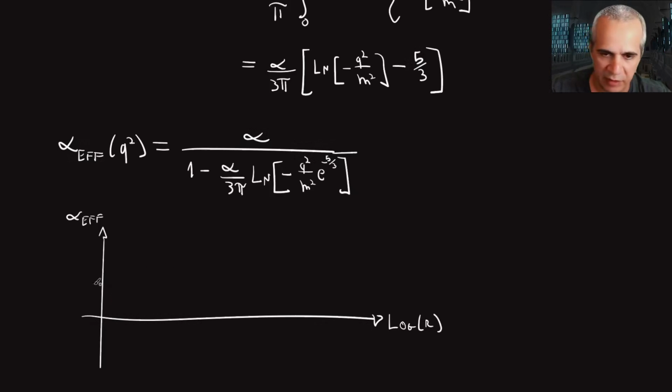This will look something like, at really big distances, where q squared is small, I can forget this contribution and it's just 1 over 137. But for small distances, this guy, let me try to make a plot of this.